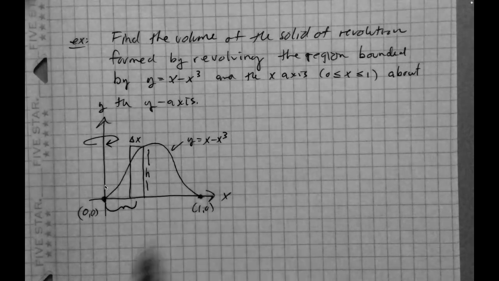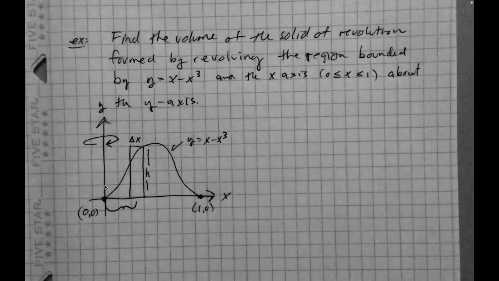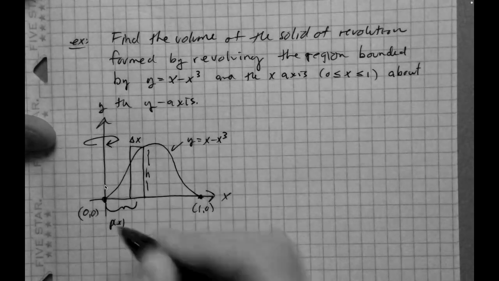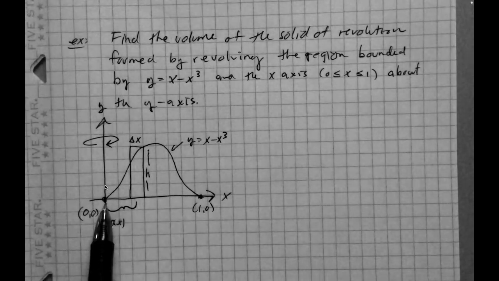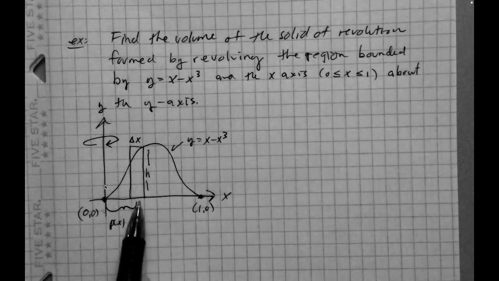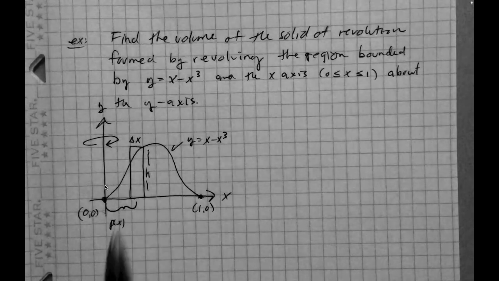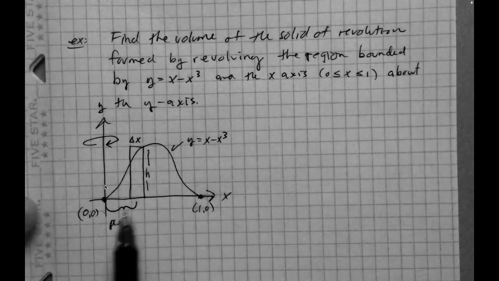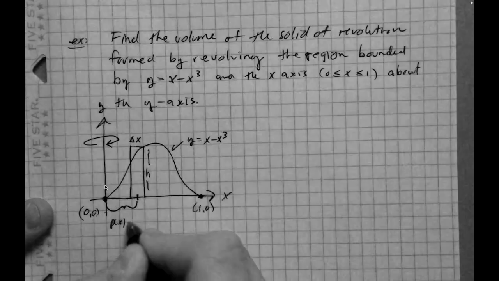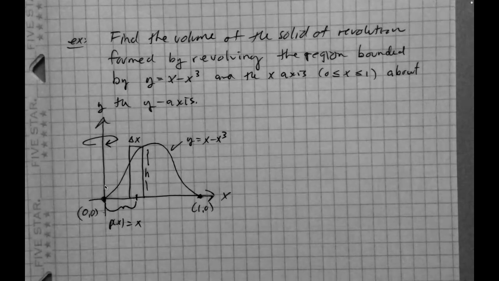What's our p function? So what's p of x? How far away from the axis of rotation is each of the radii? Well, it's just x, isn't it? However far this happens to be, it's just going to have a value x. So the average radius function p here is just x, and that's going to be true in a lot of cases, nearly all of them.